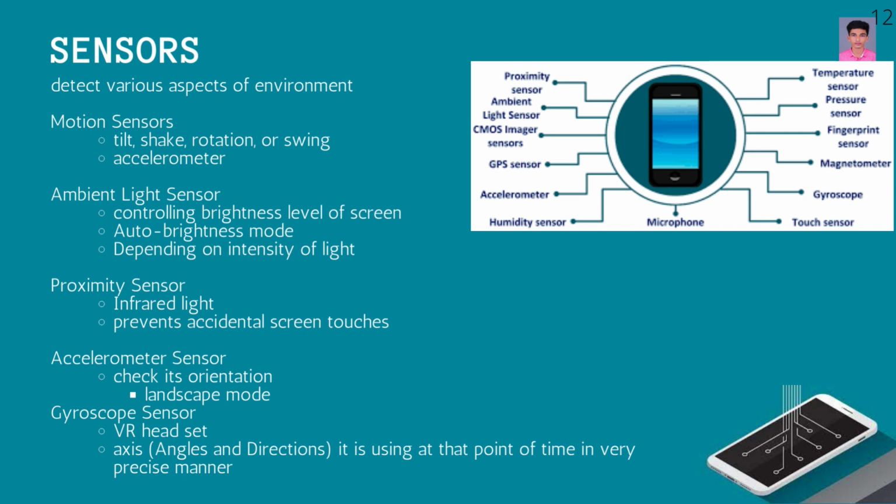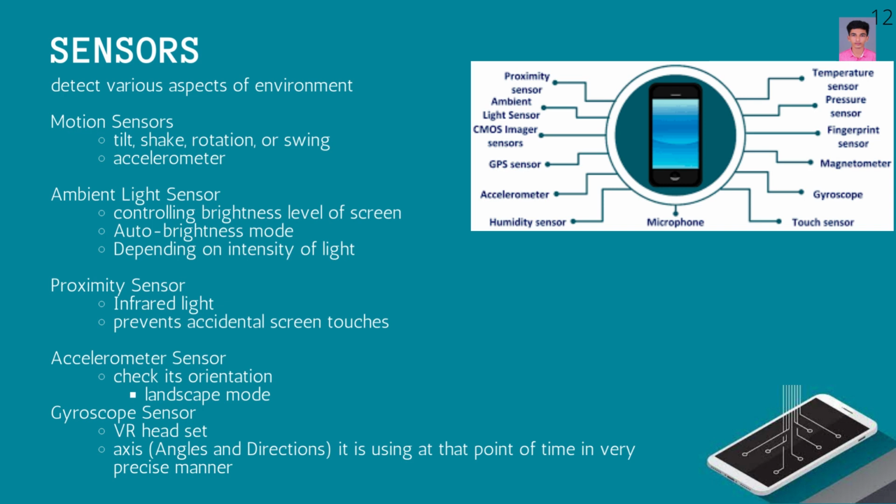Then comes the proximity sensor. It is an infrared light which prevents accidental screen touches. It is mainly used while we place the phone near the ear so that the infrared light detects when the ear is near the phone. Then comes the accelerometer sensor.